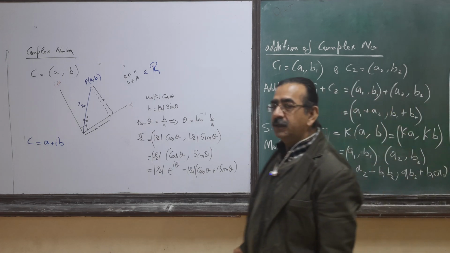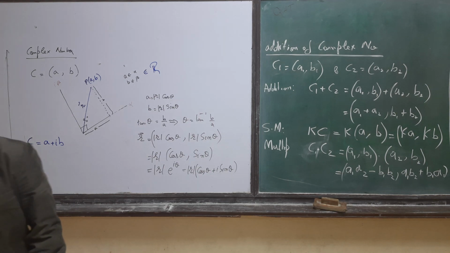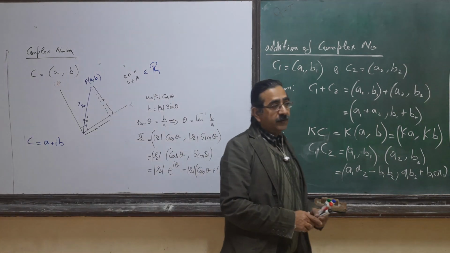This is the way of multiplication of complex numbers. Okay, got it.